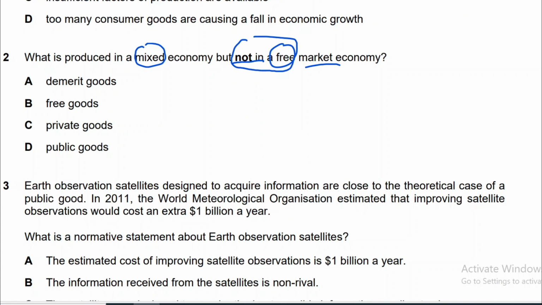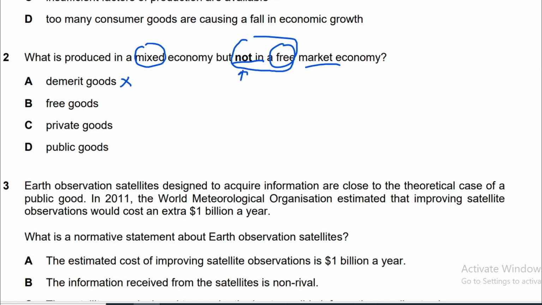A free market economy is the type of economy that is under the private sector. So demerit goods are produced under the private sector because they are profitable, so firms produce them. So option A cannot be correct because the examiner is asking what is not produced.